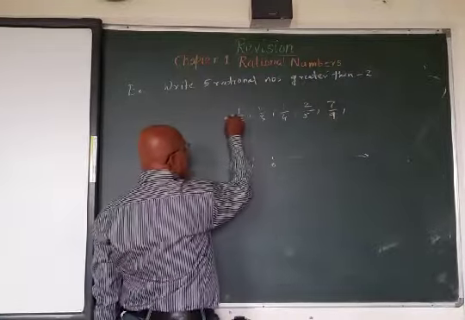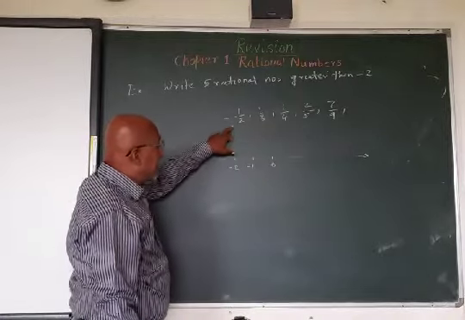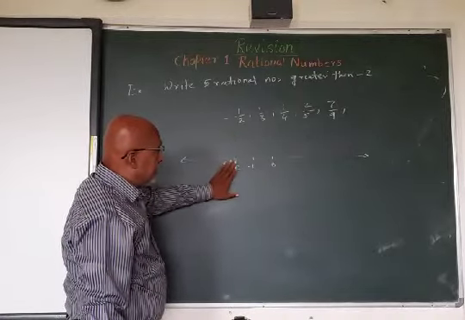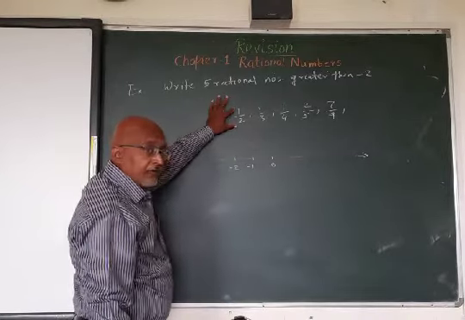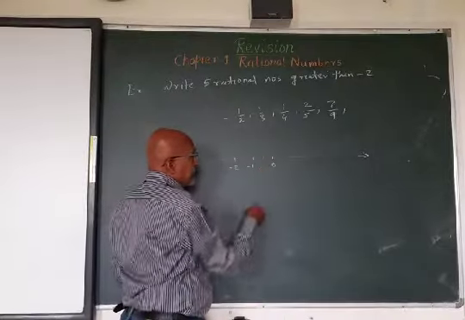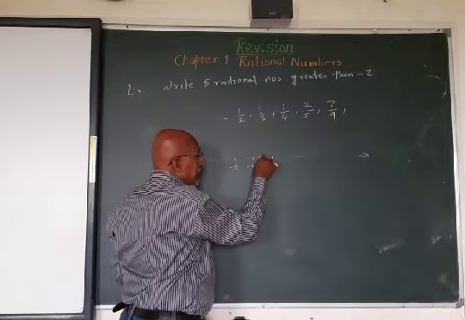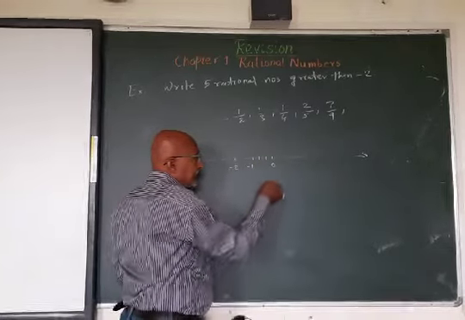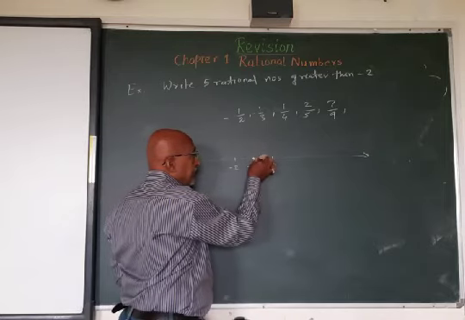Even if I take this as negative, still it lies, because minus 1 by 2, where does it lie? It lies between here, so obviously it is greater. Minus 1 by 3, if I divide this in 3 parts, it will be 1, 2 and 3.